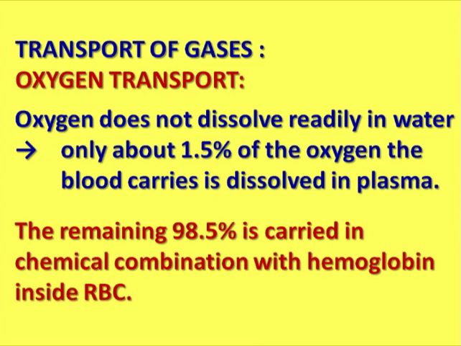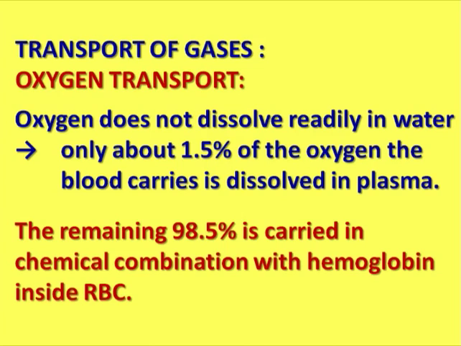Now, we come to the transport of gases. When we are talking about transport of gases, we have seen that it also depends on the solubility of these gases. Now, when we talk about oxygen, this oxygen does not dissolve readily in water.